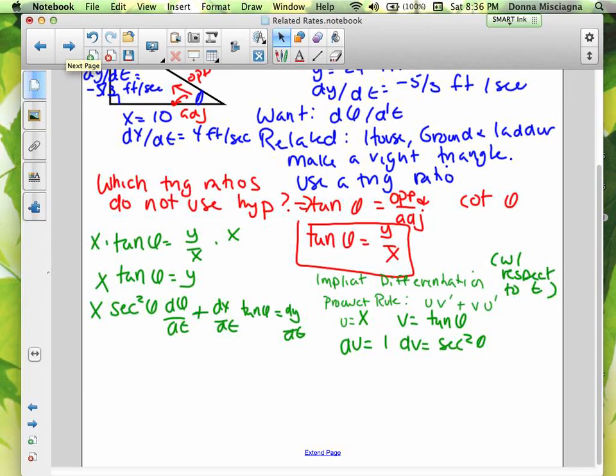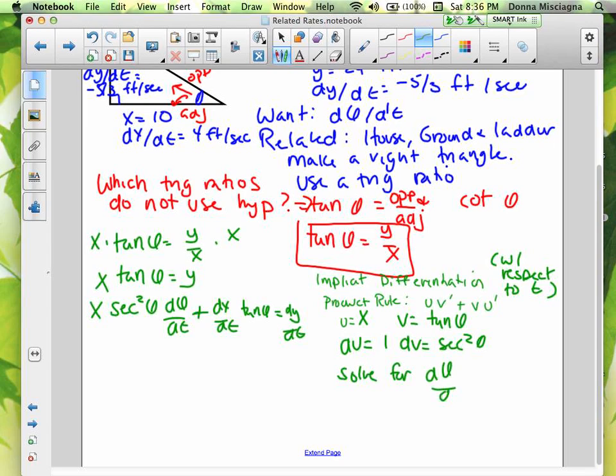There we go. All right, so now we want to solve for d theta dt. We're just going to move everybody to the other side except for the d theta dt.